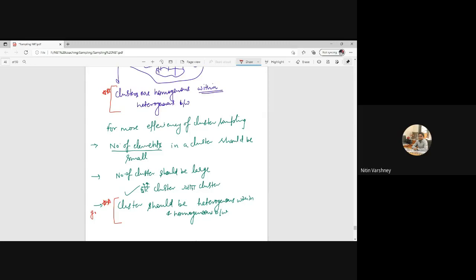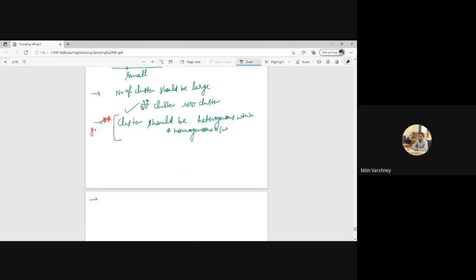From the point of view of statistical efficiency, cluster sampling is less efficient than simple random sampling, due to the usual tendency of units in a cluster to be similar.